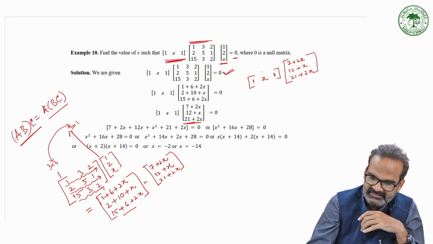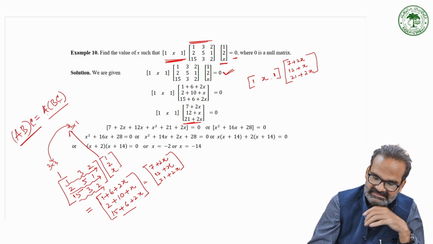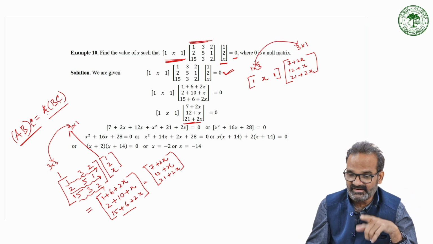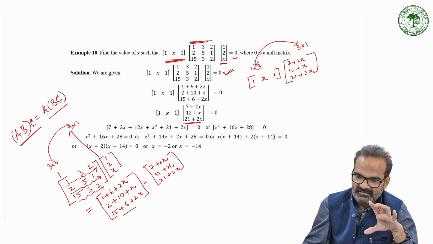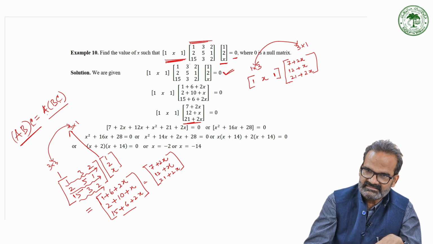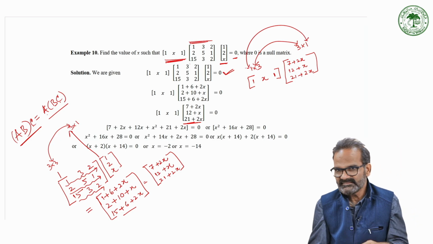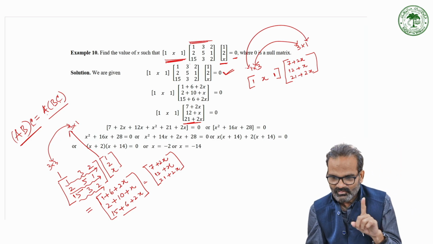This matrix contains 1 row and 3 columns, so it is 1 by 3, and this matrix contains 3 rows and 1 column. So our condition for the product is satisfied, right? Clear. And what is the order of the product? The product will be of order 1 by 1, containing 1 row and 1 column.